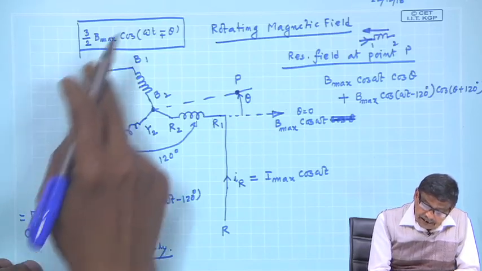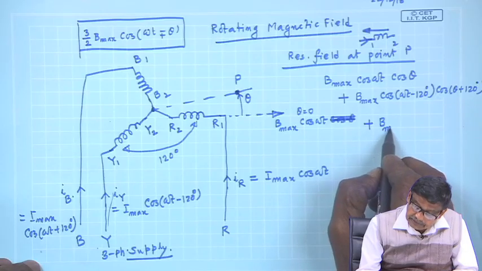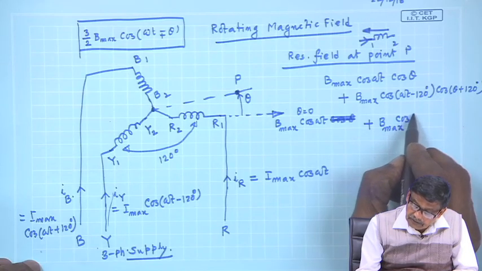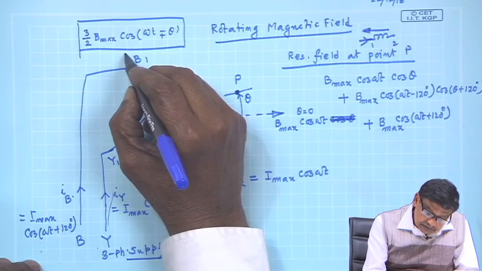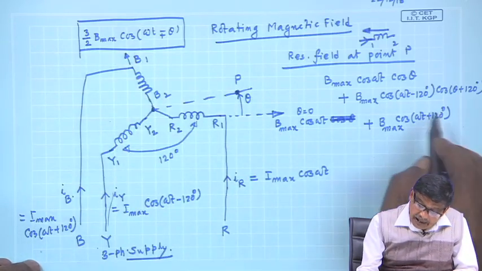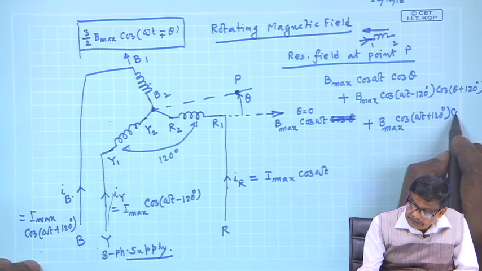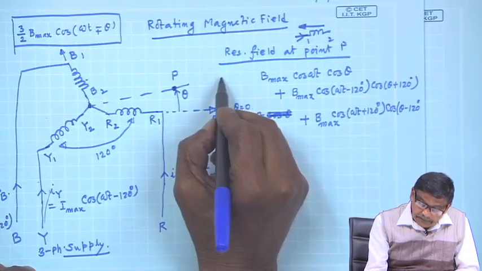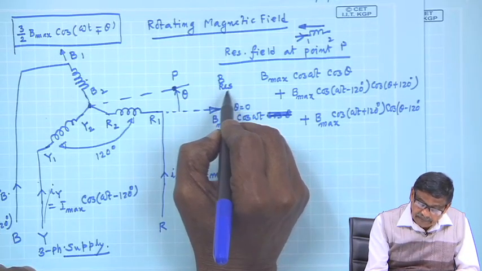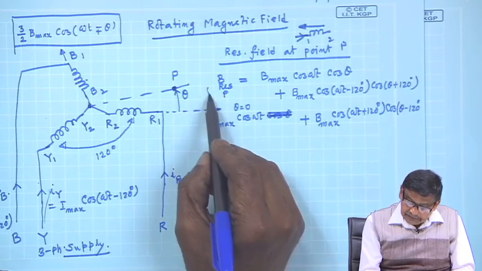And finally, for B axis it will be B max cosine of omega t plus 120 degrees, and cosine of the angle which is the difference between theta and 120 degrees. This will be the resultant field at point P.